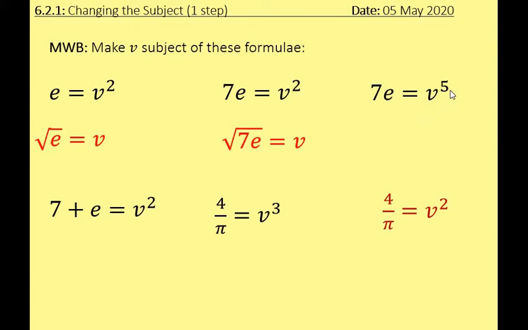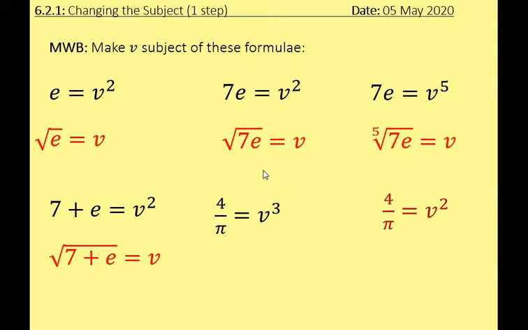In the next one I have V to the power of 5, and the inverse of the power of 5 is the 5th root. So I have to do the 5th root to both sides of the equation, and I'll get the 5th root of 7E equals V. In the next one we have V squared, so we have to square root both sides. So we're going to do the square root of 7 plus E equals V, and again notice that my square root is nice and long, it goes over the whole thing.